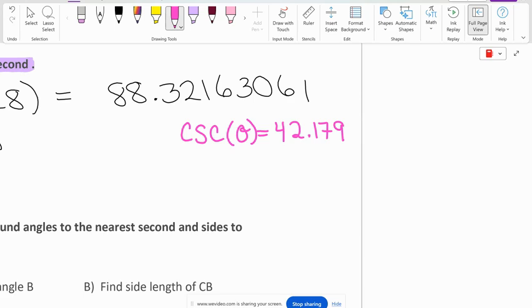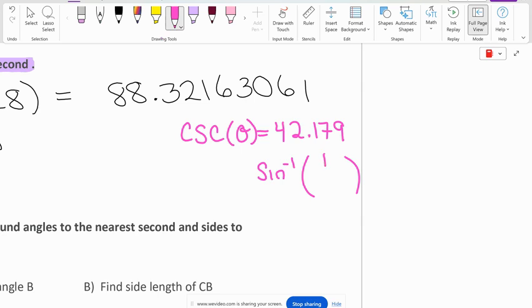All right, so what is cosecant related to? Sine. Isn't cosecant the reciprocal of sine? We're going to use sine to the negative first, but it's not going to be 42.179 because it's the reciprocal of it.